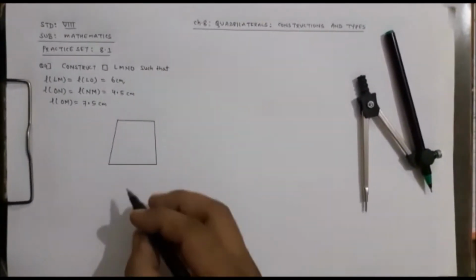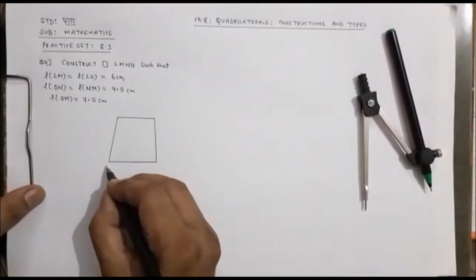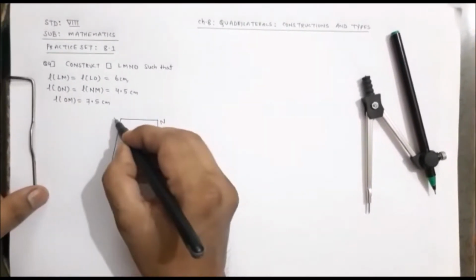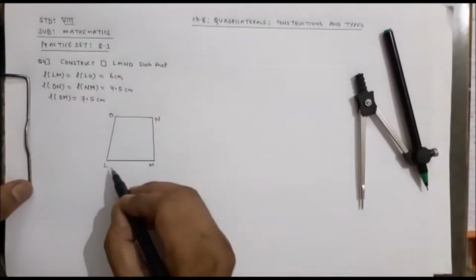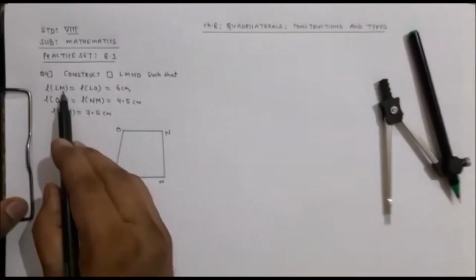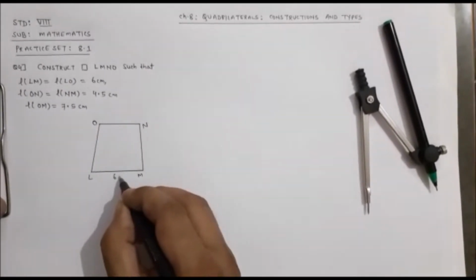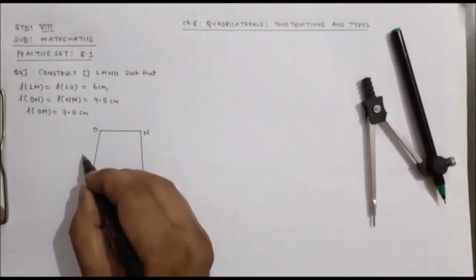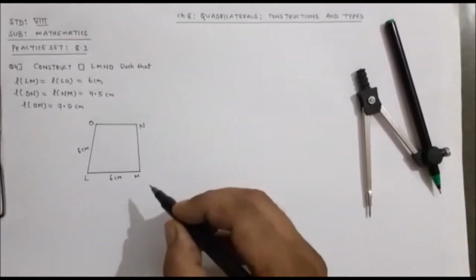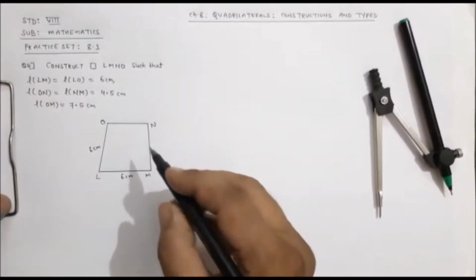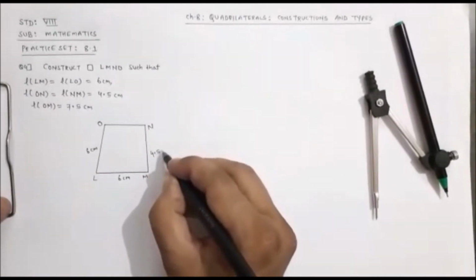Now let us do the measurements. Mark the L, M, N, and this point is O, right? Quadrilateral LMNO. LM equal to LO. LM given as 6 cm and this LO is given 6 cm. Mark that. Now ON equal to NM. ON and NM is given 4.5 cm.